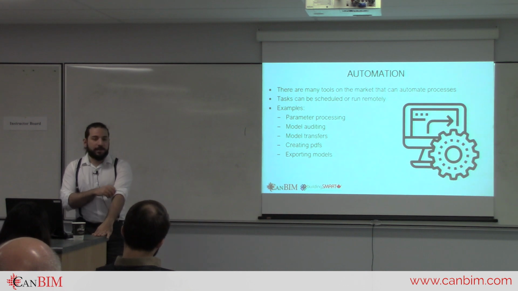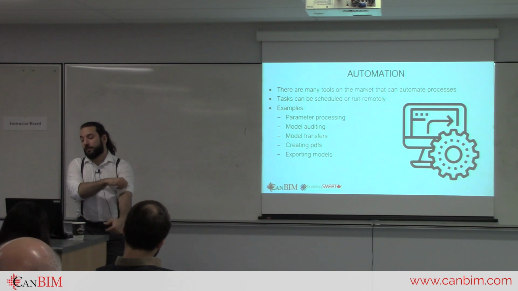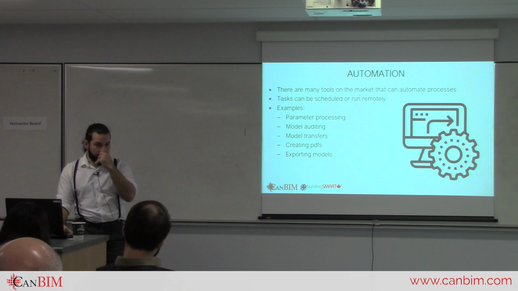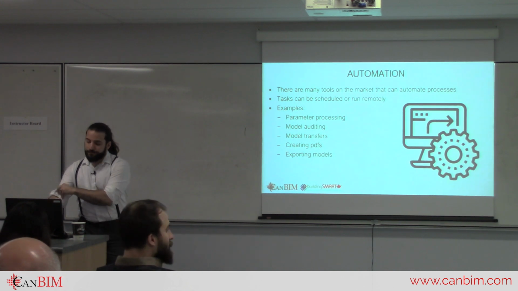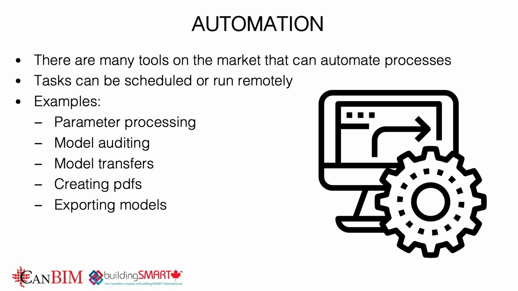That's not very productive time, so we're able to take care of a lot of those. And of course, custom scripting has taken off quite well. A lot of the software we use has its own APIs, so we can customize it to do things. These are just some examples of what you could be doing with automation.